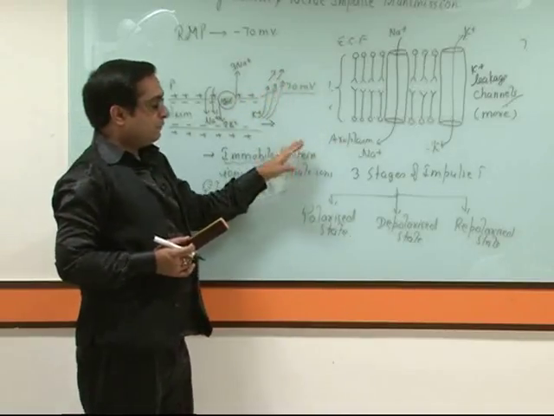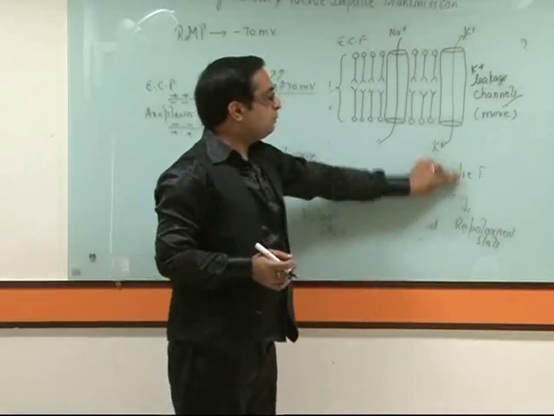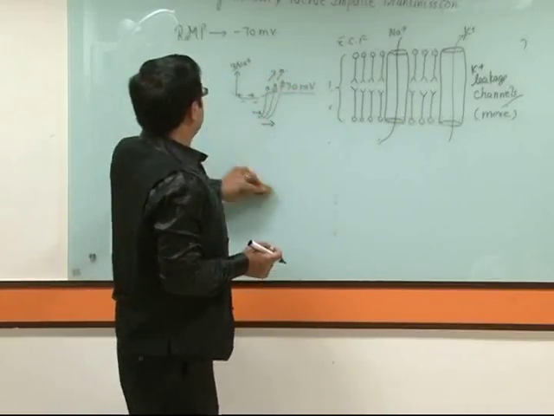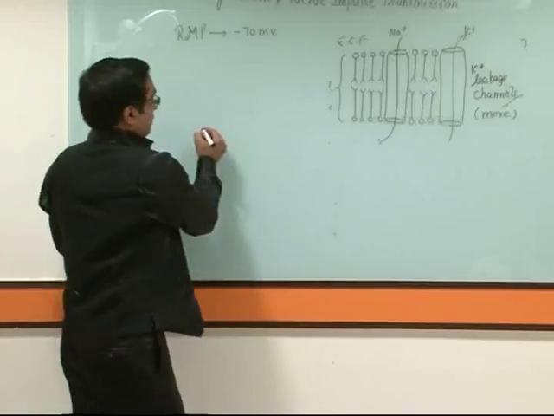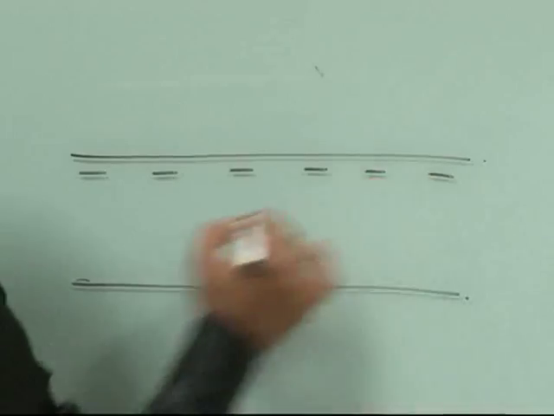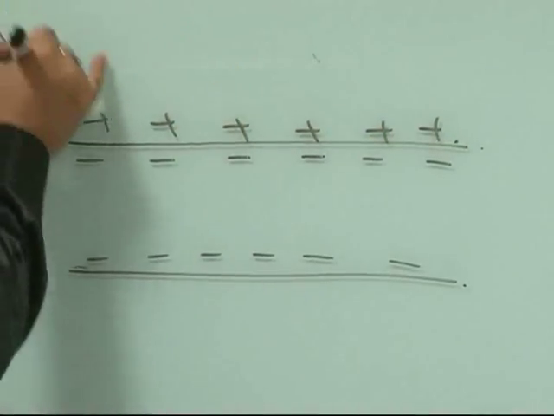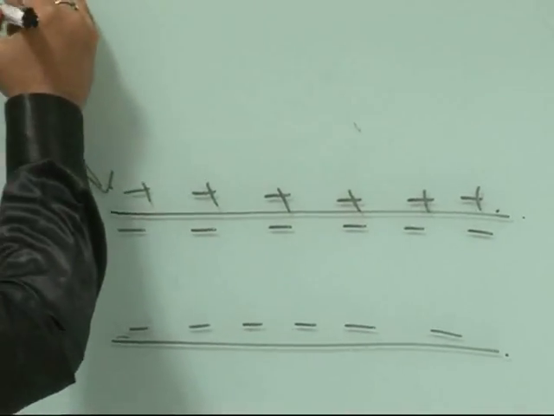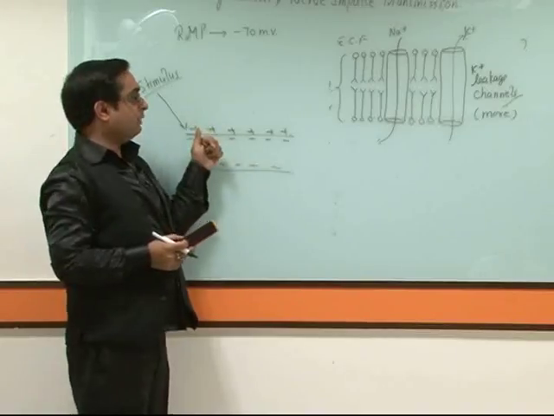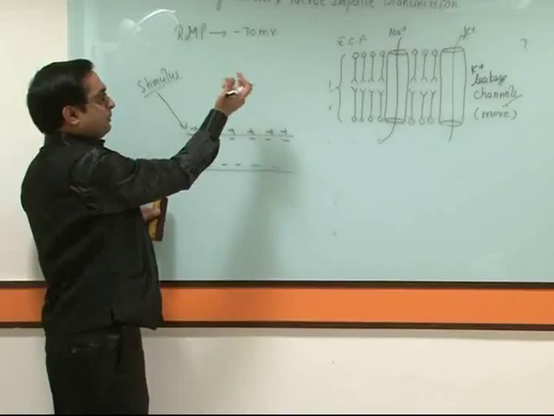The second stage of impulse transmission is depolarized state. Now let's see how depolarization occurs, or how the change in polarity is brought about. This is axon. In normal state, inside is negative, outside is positive. When we give a stimulus to this axon, stimulus is any kind of change in the external environment. This stimulus can be mechanical, chemical, or physical.